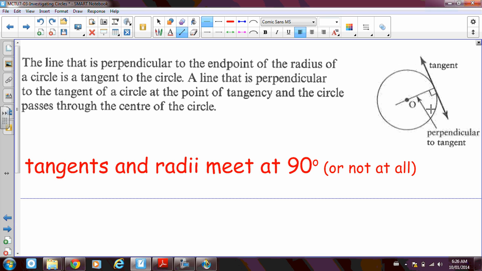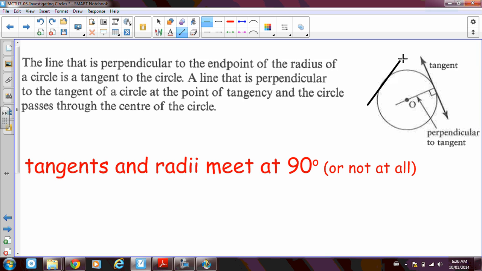This one's pretty straightforward, I think. If you have a tangent to a circle and you have a radius from the circle, and they're meeting, if they actually connect, they're connecting at 90 degrees. And I sort of put, tangents to radii meet at 90 degrees or not at all, because of course it's a little silly, but I could draw that tangent right there, and clearly the line from O going out this way, this radius does not actually hit it at 90 degrees.